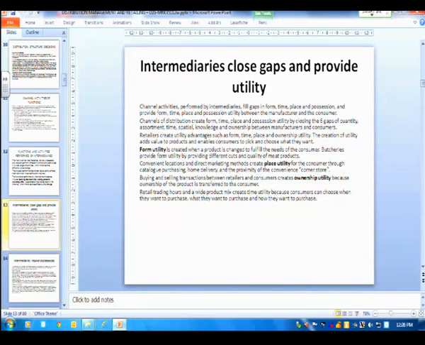Retailers create utility advantages such as form, time, place, and ownership utility. The creation of utility adds value to products and enables consumers to pick and choose what they want. Form utility is created when a product is changed to fulfill the needs of the consumer.